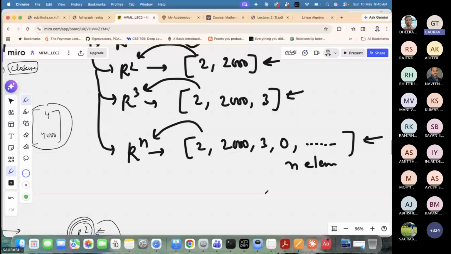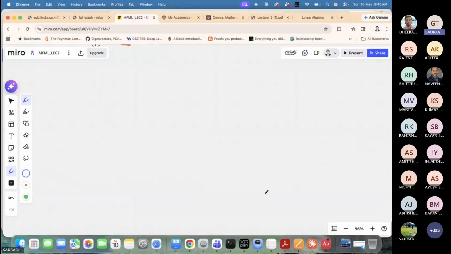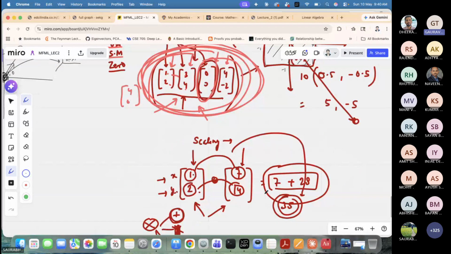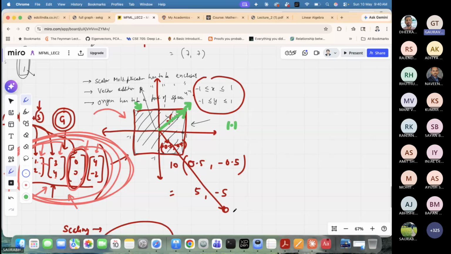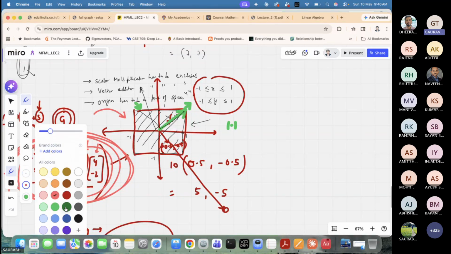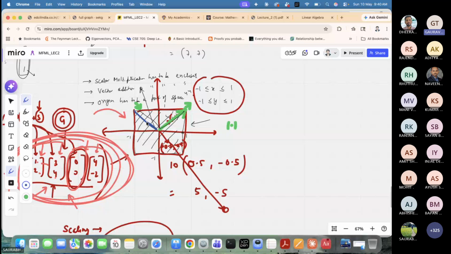And when we have to satisfy those three properties that you have just told, that it should satisfy the commutative property of addition and then scaling, and origin has to be a point in the space. I'm just randomly taking a vector, let's say 1, -1. And if I have another vector, let's say -0.1, 0.1.